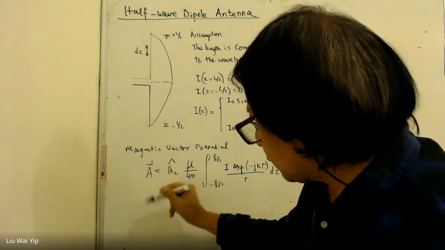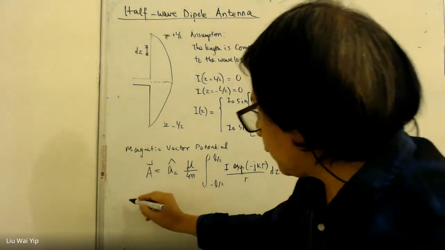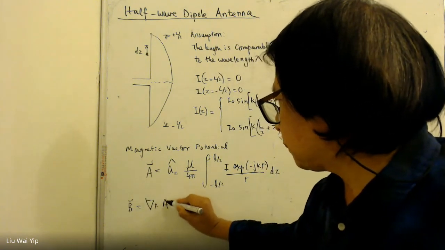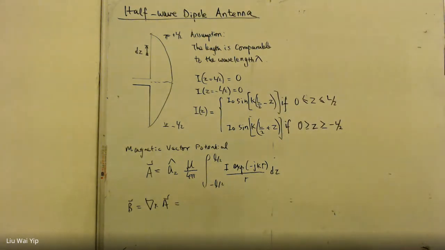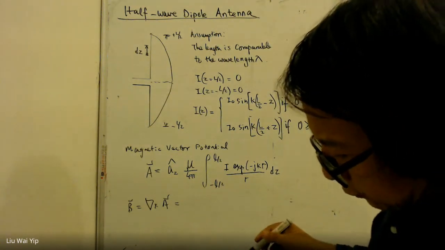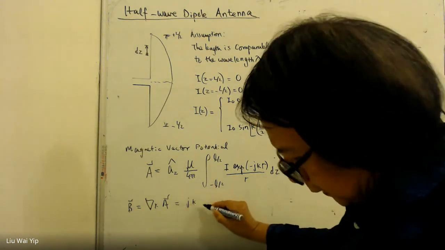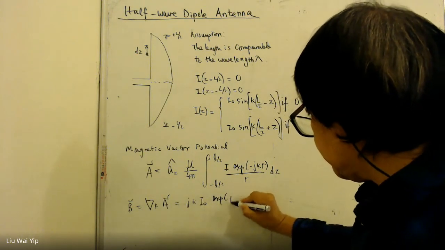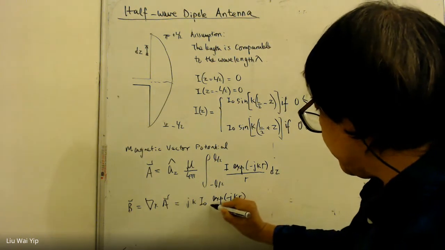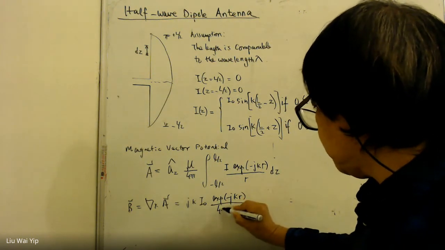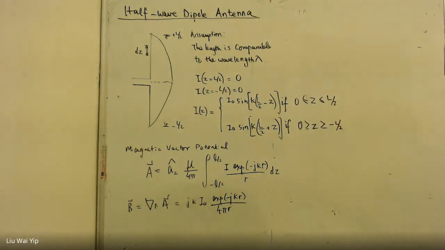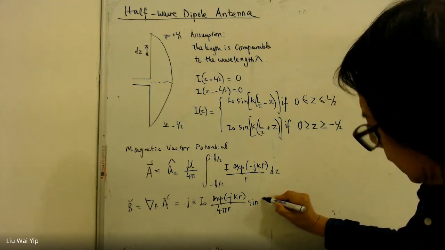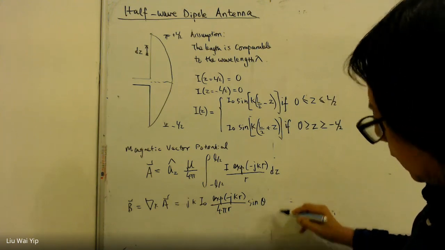By using the curl of A, we found that the magnetic field is going to be j k I naught, and then exponential, over 4 pi r, sine theta, and then the length.